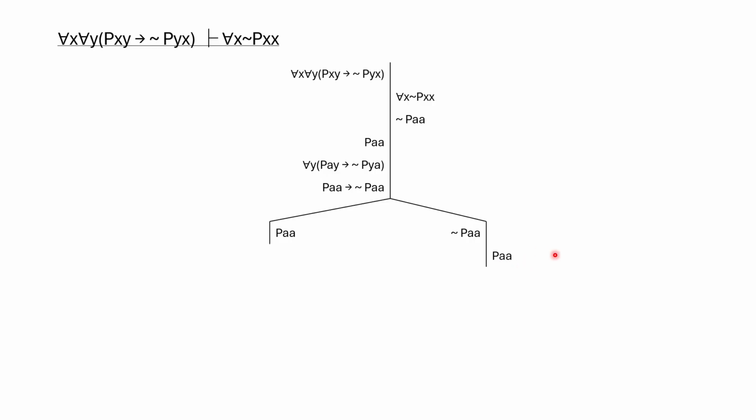And so I have PAA on the right in both of these branches, and look, PAA is on the left up here. So this branch is going to close off, PAA on the right, PAA on the left, and then same thing here, PAA on the right, PAA here on the left, so that one closes off, so that makes this valid.